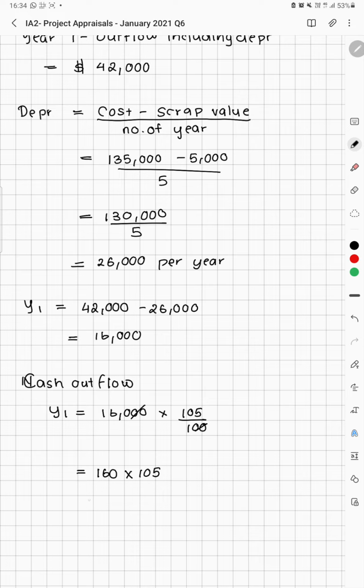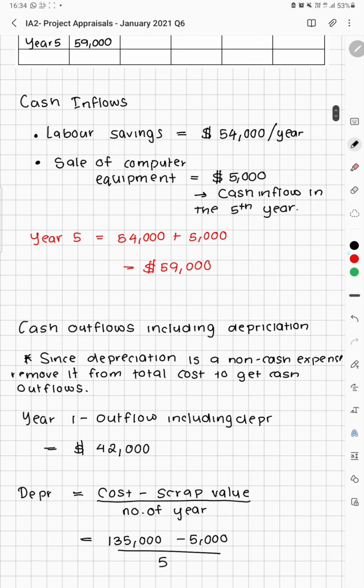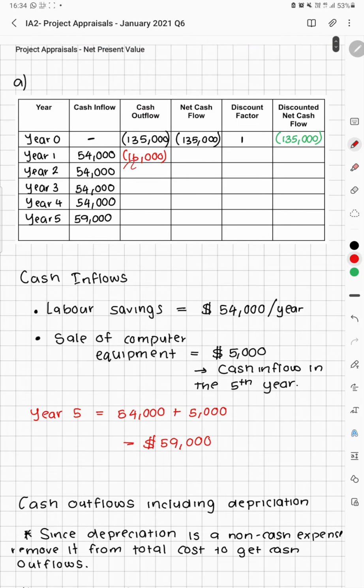So 160 into 100 is 16,000 plus 160 into 5, 16 times 5 is 800. It is 16,800. So year 2 cash outflows are 16,800. It clearly says it's 5% higher excluding depreciation. So we should not take 42,000 and multiply by 5%. We should take the year 1 cash outflow, which is 16,000, and multiply by 5% first.